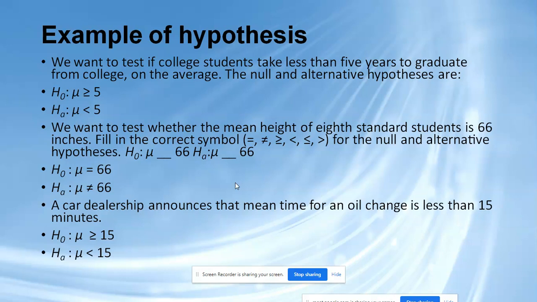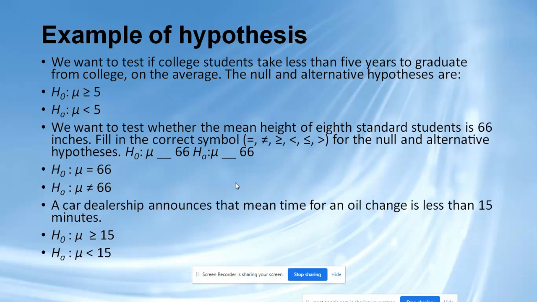So how can we define the null and alternative hypothesis? The null hypothesis can be mu is greater than or equal to 5, and the alternative hypothesis is the one where students take less than 5 years.